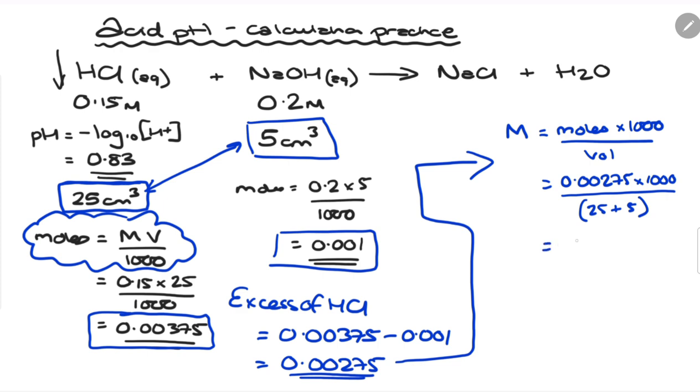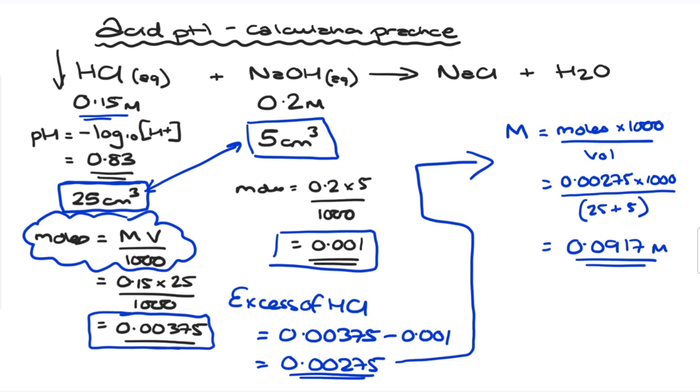This, when we evaluate this equation, now gives us a concentration of 0.917. Now we can compare that value with the initial one, and we're happy to see that that concentration has decreased, which makes sense because we've reacted some of the HCl out of the solution, and also we've diluted it by increasing the total volume.